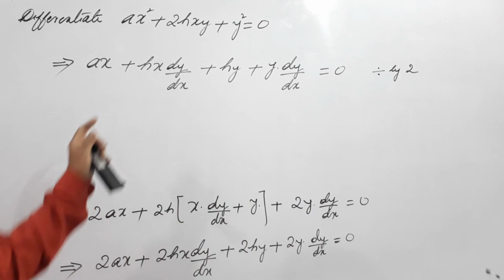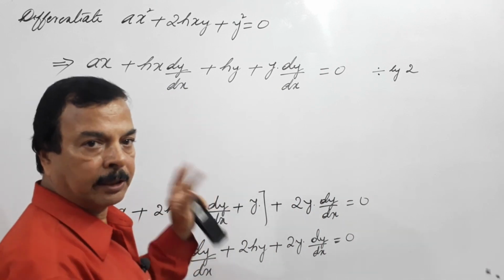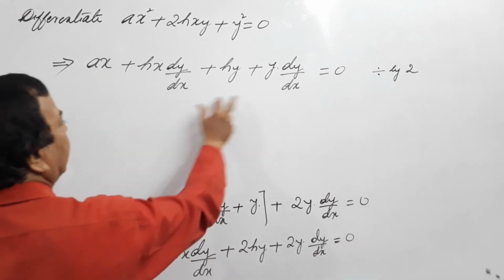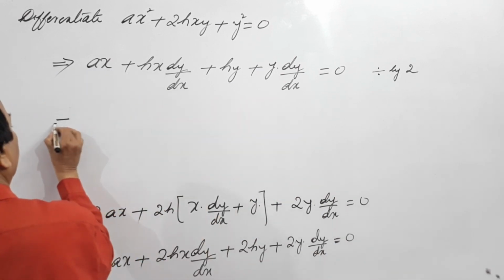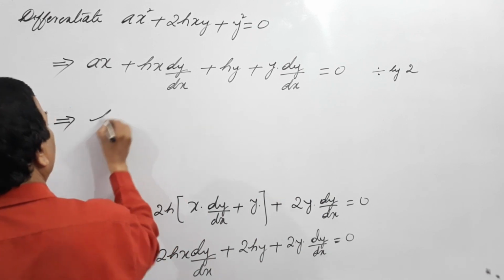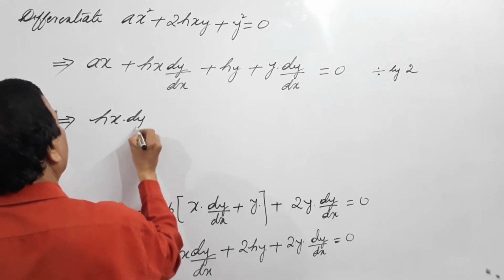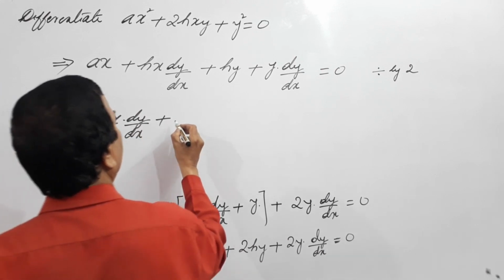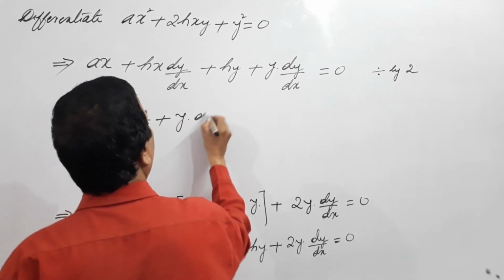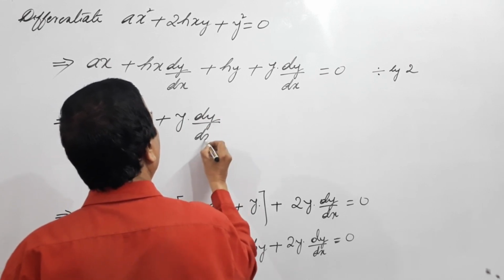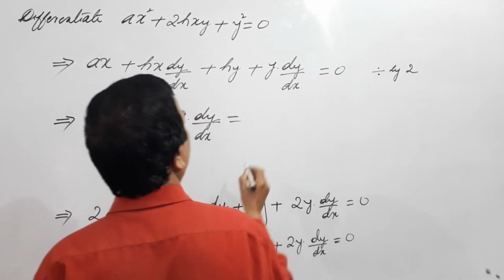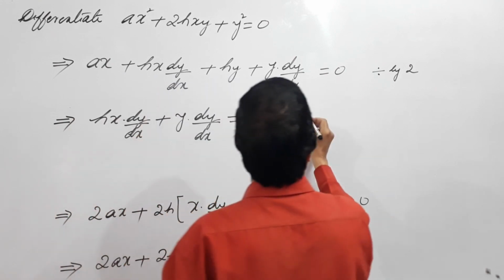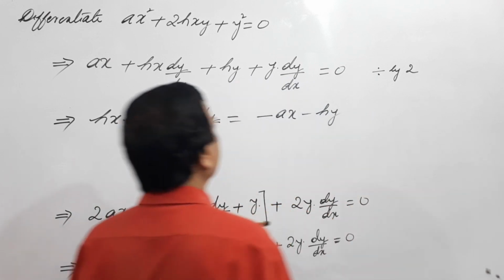So what I'll do, I'll try to bring dy by dx on one side and other things on the other side. So first I'll take common by rearranging. By rearranging, we get hx into dy by dx plus y into dy by dx equals to, this becomes minus ax and minus hy.